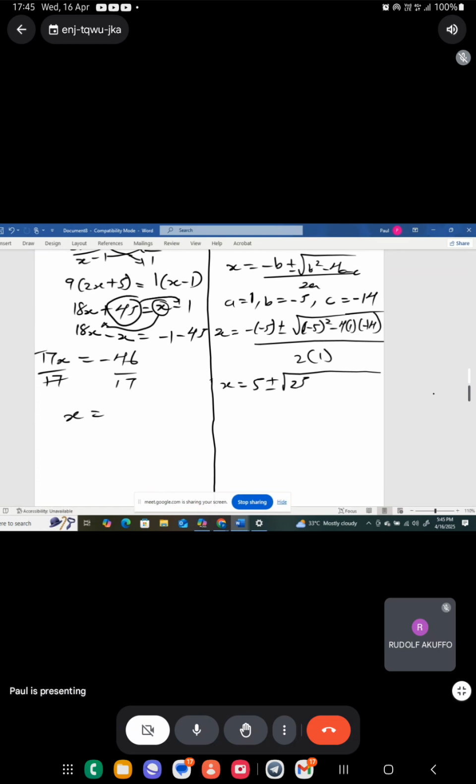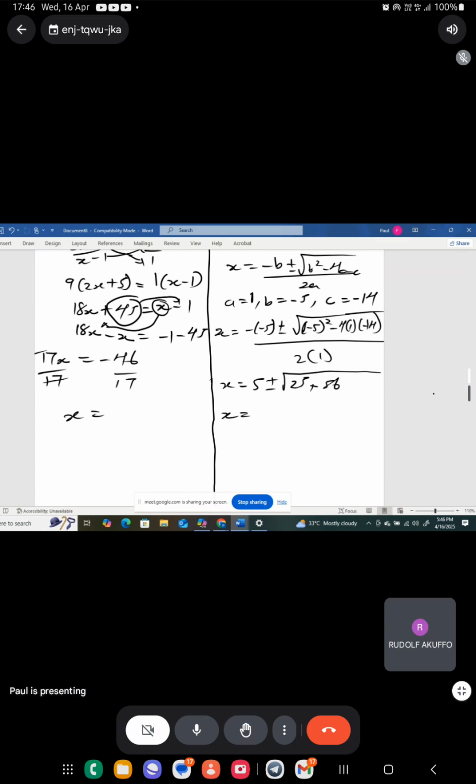Since it is a bracket, negative 5 times negative 5 will still give us 25. Now negative 4 times negative 14 will give us positive 56.